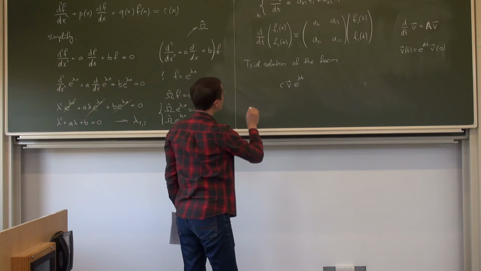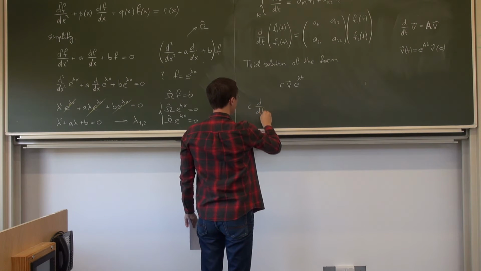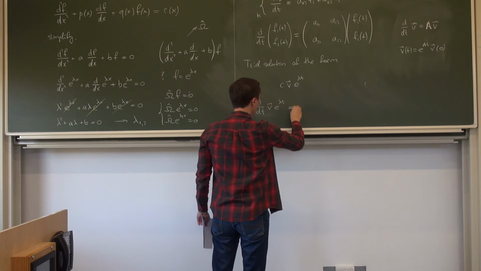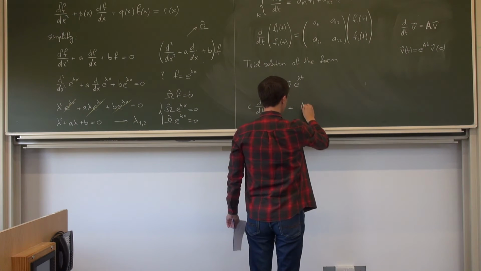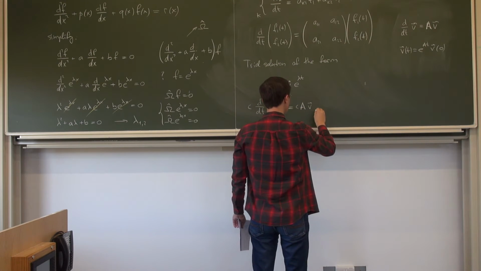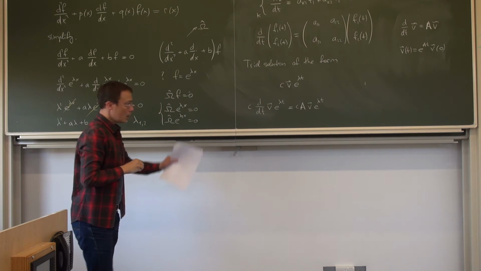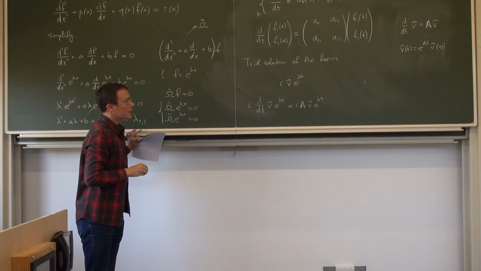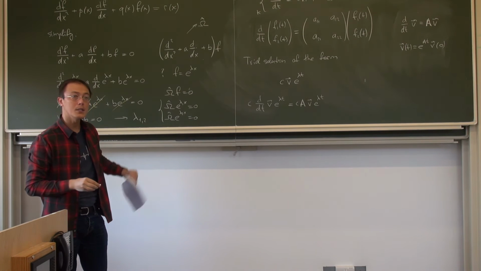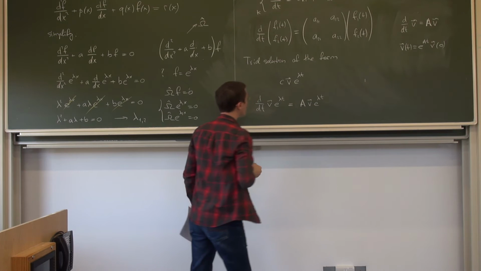Now, on the left-hand side, we have a coefficient and d by dt of this vector e to the lambda t must be equal to this matrix A, coefficient we can put in front, acting on this vector e to the lambda t. Let us take the derivative. The vector is time independent, so lambda pops out in front. The constant we can immediately cancel. We can just forget about it because it is just on either side.